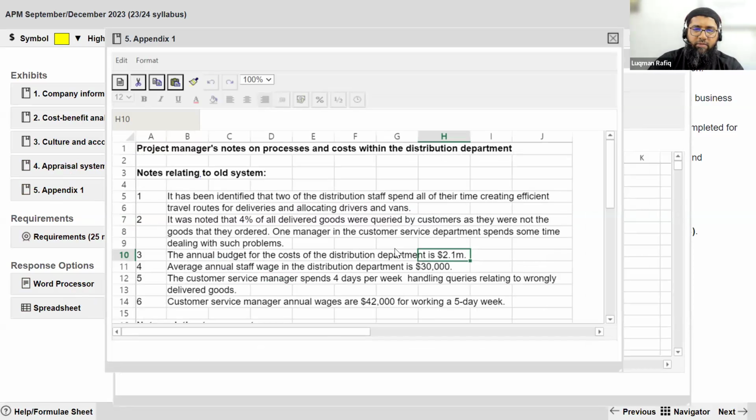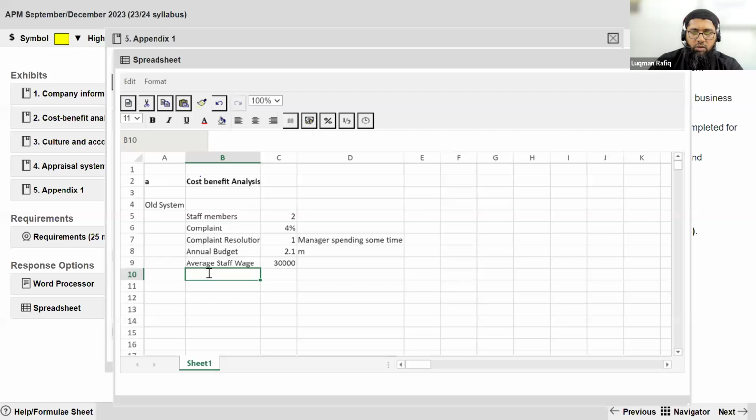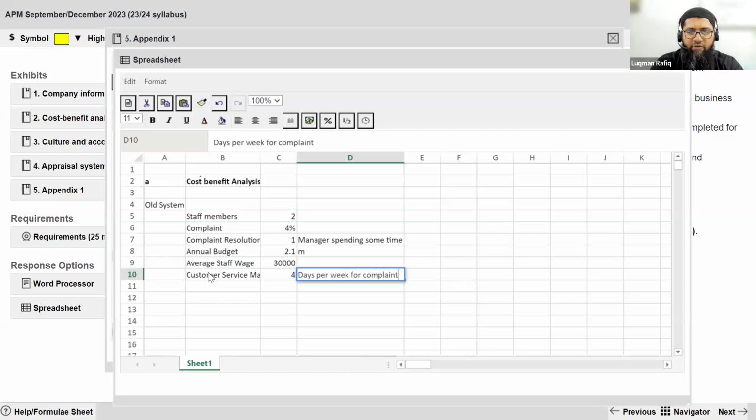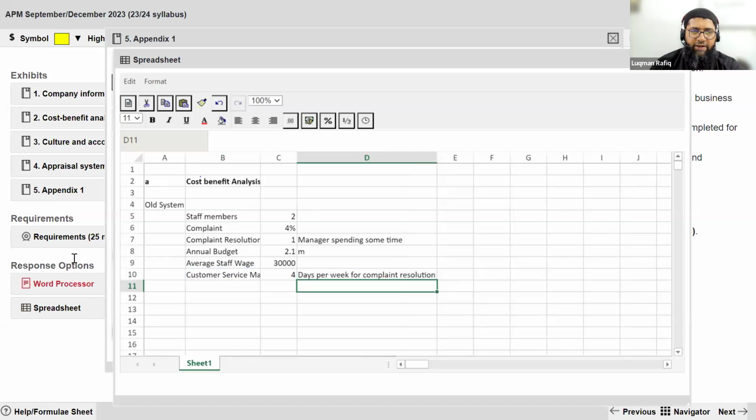It says the customer service manager spends 4 days per week handling queries relating to wrongly delivered goods. Customer service manager, 4 days per week for complaint resolution.